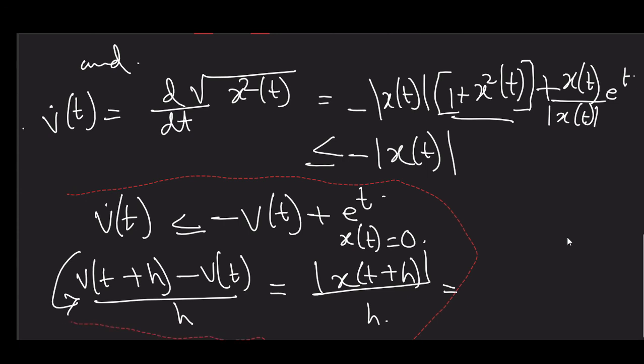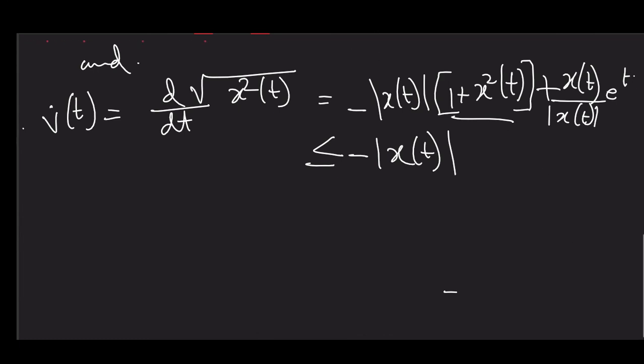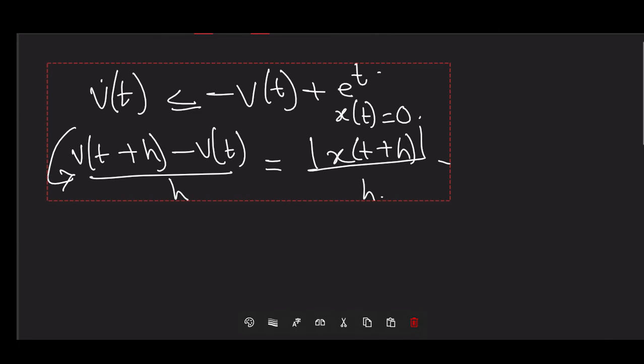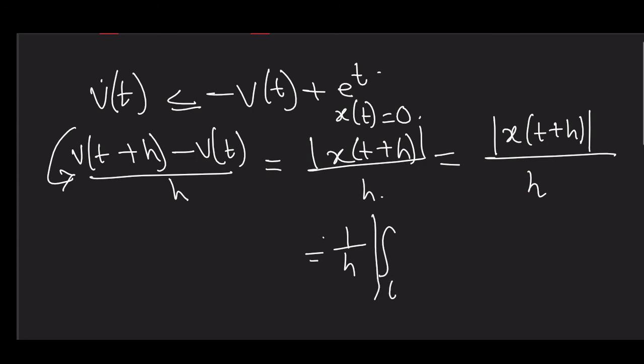So now here one thing is clear, that this is equal to, what we can write, that norm of x of t plus h by h is equal to 1 by h, integral from t to t plus h.